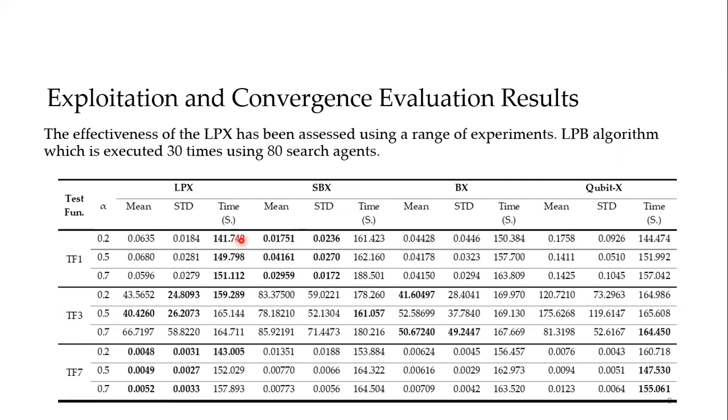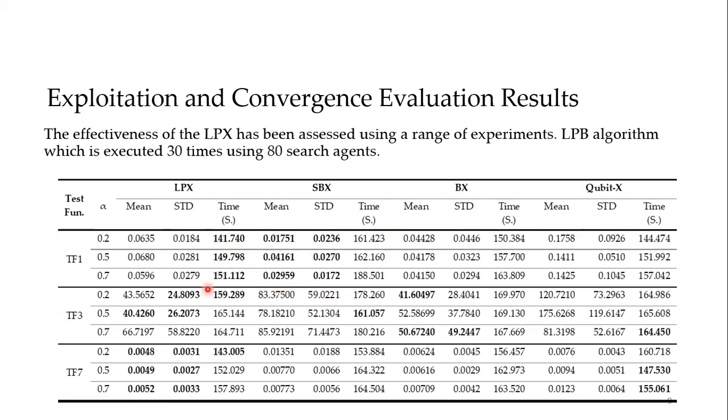Time, you can see 141, 144 seconds and something, while 149, 151 is higher. So the time here is shorter for LPX, and also the standard deviation is much less than SPX, BX and QubitX.